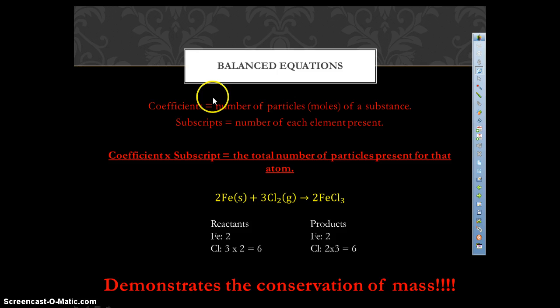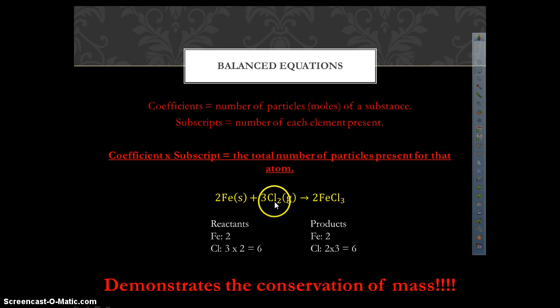We have various coefficients and subscripts, different numbers written everywhere in these equations. We have our skeleton equation, and then we balance it with the numbers. A lot of times in the skeleton equation, we'll start out with subscripts, something you might get when you crisscross to write a formula, or things you know from diatomic molecules.